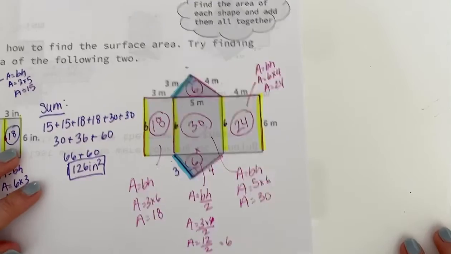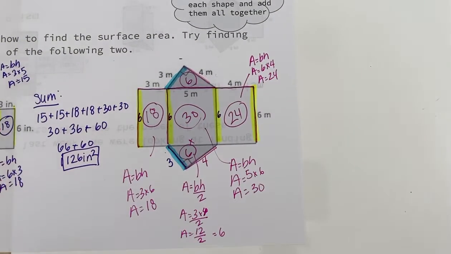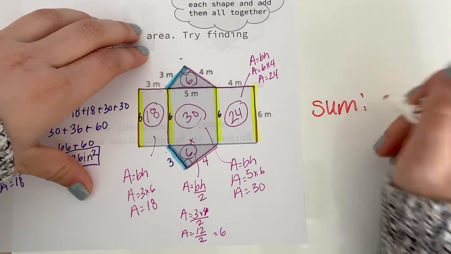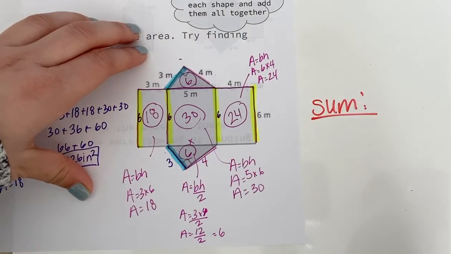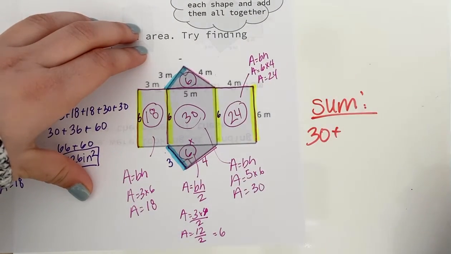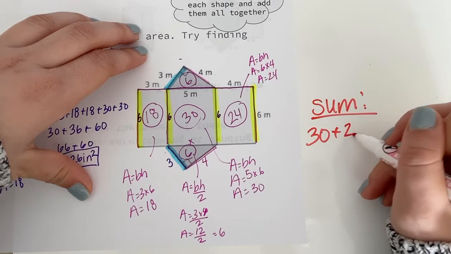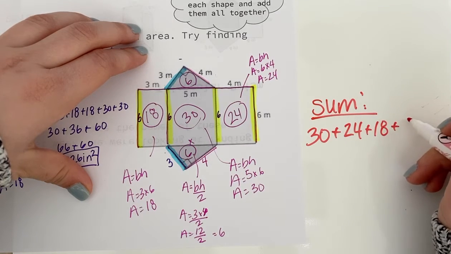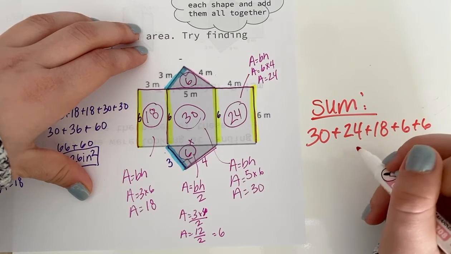All right, I'm running out of room on this page, so I'm gonna move over to my little whiteboard. Okay, so now I need to do my last step. So I'm writing sum, and I need to add up all of these numbers. So I'm adding 30 plus 24 plus 18 plus 6 plus 6.